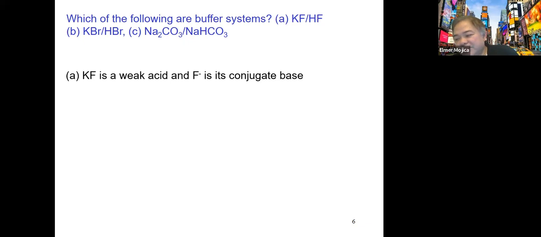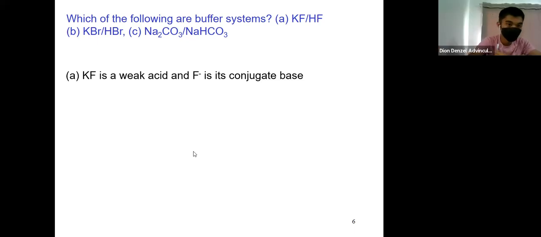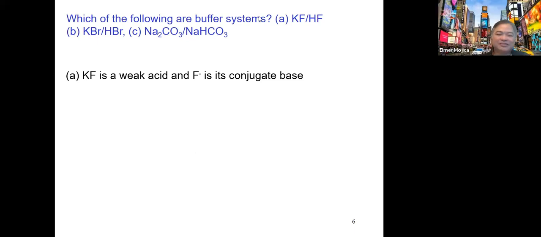Now, how about the second? Is it a weak acid or weak base? Well, weak acid. Is it a buffer? No. How about the others? If you look at HBr, you classify HBr as a strong acid, so it's not a buffer.